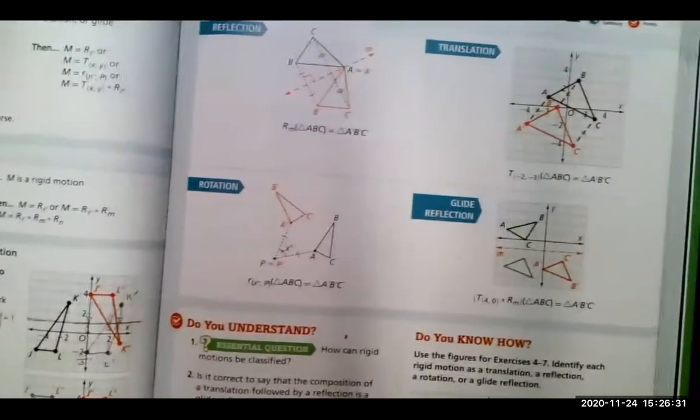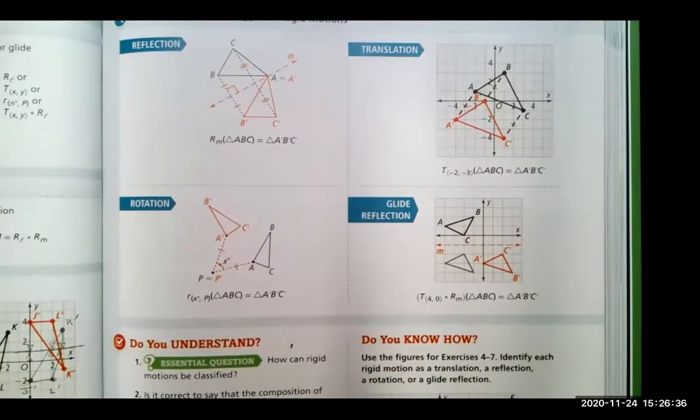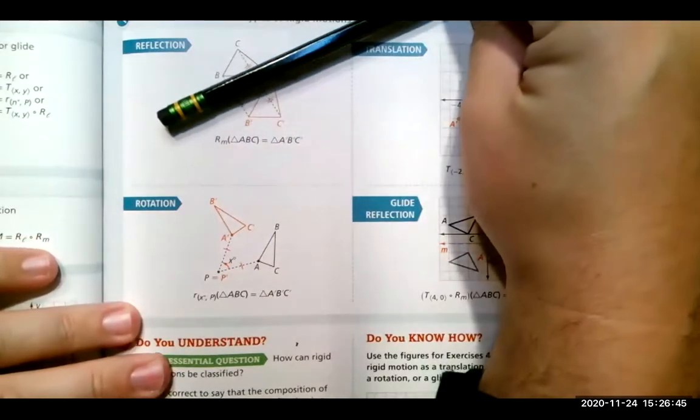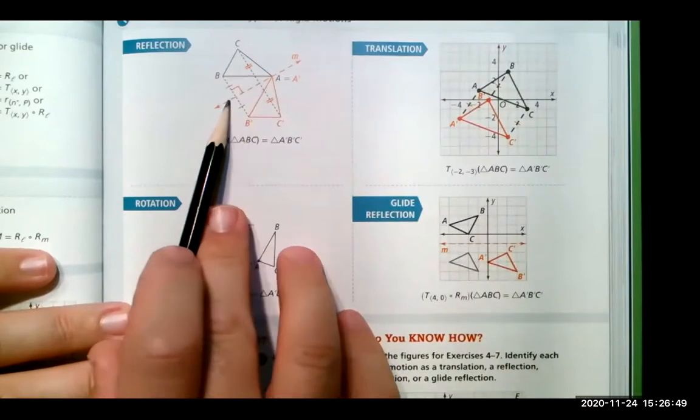Then the concept summary on the top of page 133 goes into detail about everything we've talked about so far. They're emphasizing certain things here, like with reflections. This line M, right underneath my pencil, that's my line of reflection. You'll notice that they're talking about distance here.